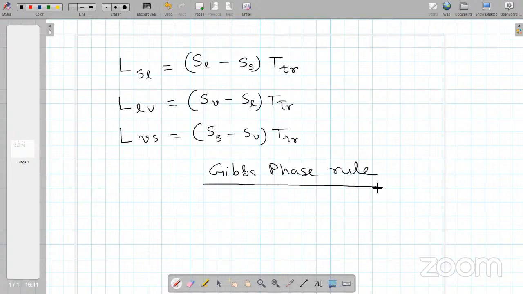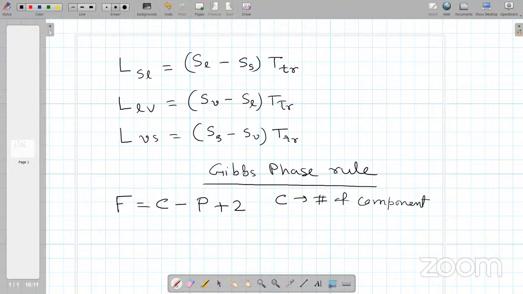The mathematical statement of the Gibbs phase rule is F is equal to C minus P plus 2. Now, what is C? C is the number of components. P is the number of phases.